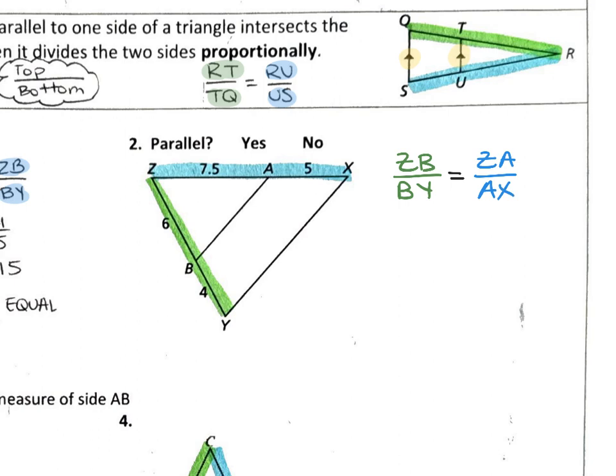Do we see that setup? The green sides, blue sides. To verify that the two lines are parallel, we just need to cross multiply the numbers for each of those sides. ZB is 6, BY is 4, ZA is 7.5, and AX is 5.